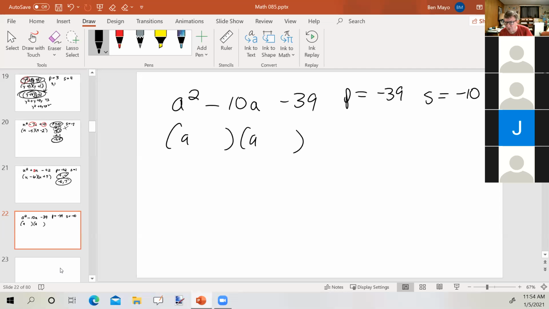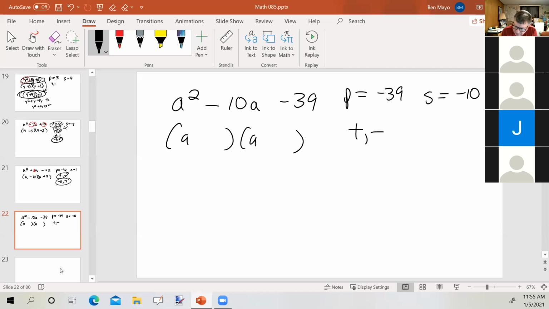Is anybody not sure where I got the negative 39 as the product and the negative 10 as the sum? You're okay? All right. So if my product is negative, that means I have to have one of each. I've got to have a positive and a negative, because positive times negative gives you a negative product. But I'm going to add those same two numbers together and get a negative sum.